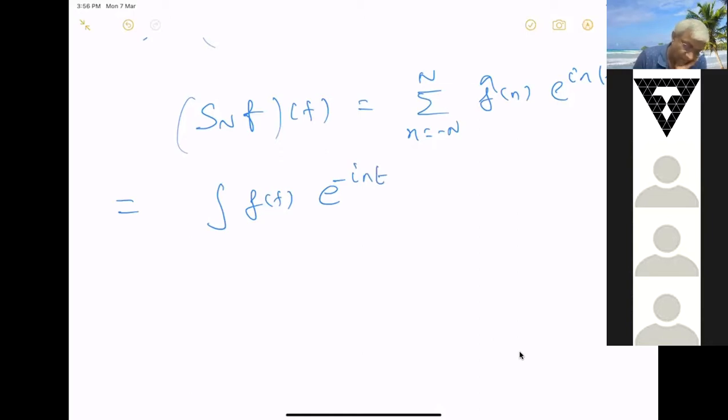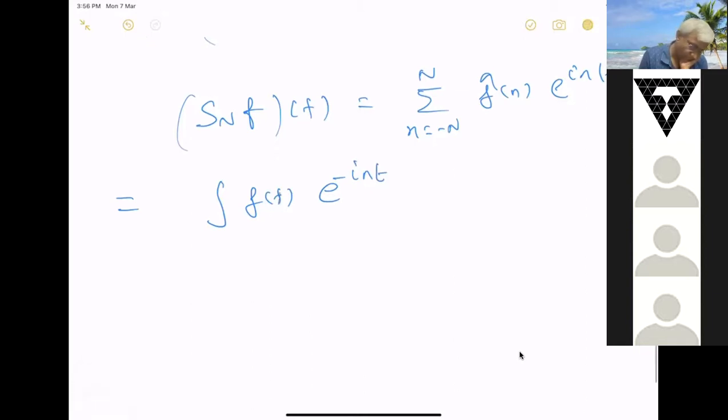Sorry, this should be s, since I'm going to integrate this. So f hat n is the integral of f(s) e^{-ins} ds, and then e^{int}.